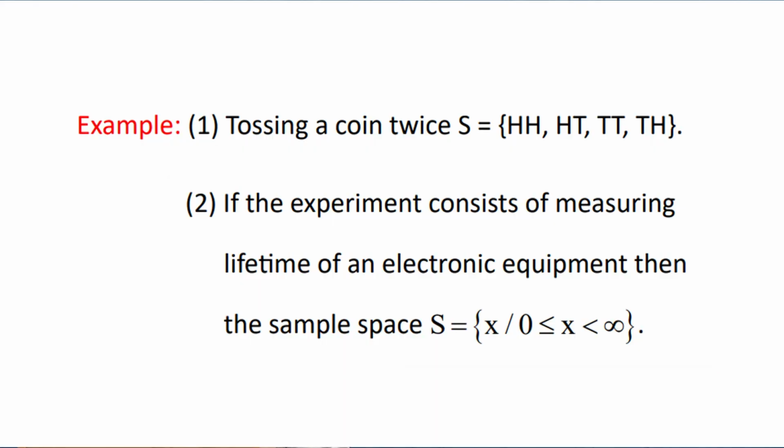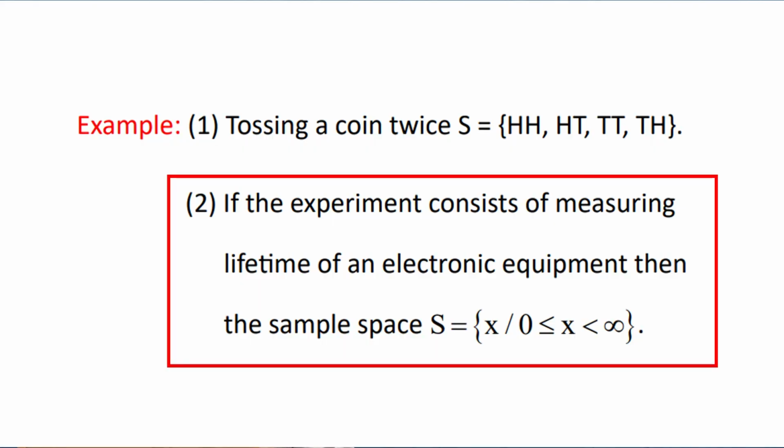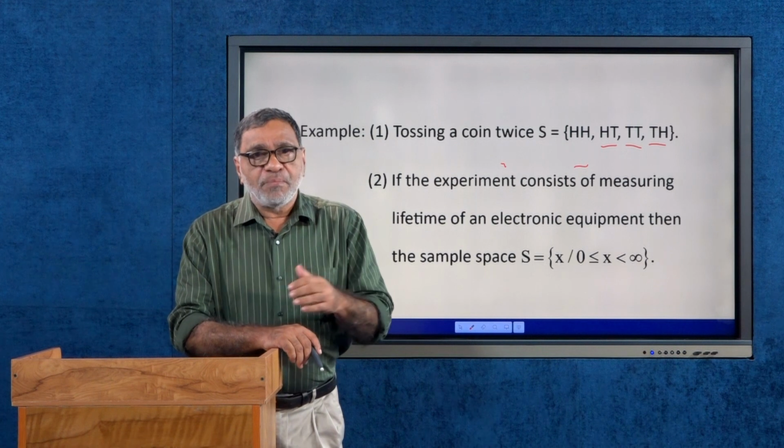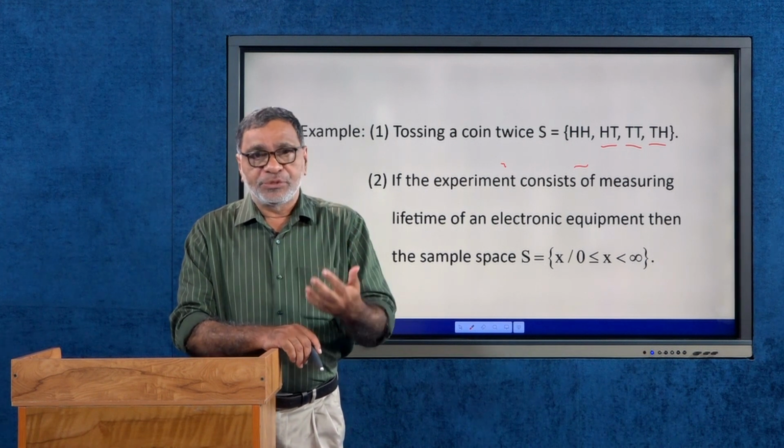Similarly, as another example, suppose we are considering an experiment of measuring the lifetime of an electronic equipment. If we are measuring the lifetime, it may be any value from 0 to a finite number, in terms of hours, suppose.